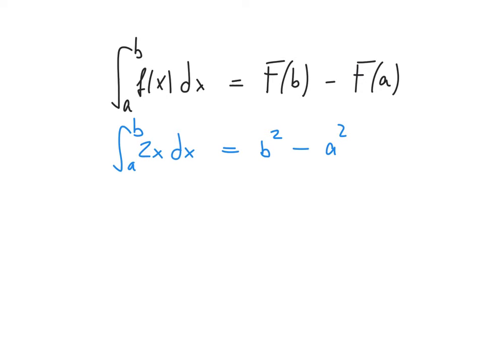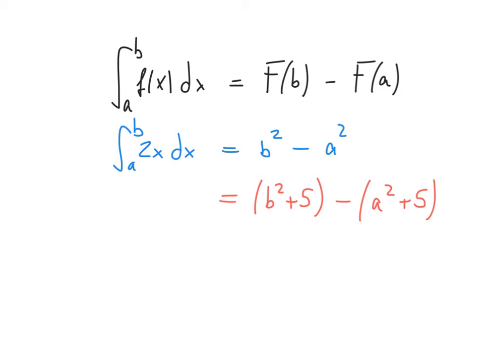But we've also seen that x squared plus 5 is also an antiderivative. So if I use this, for here our F, x squared plus 5, and plug in b and a, I would get b squared plus 5 minus a squared plus 5.